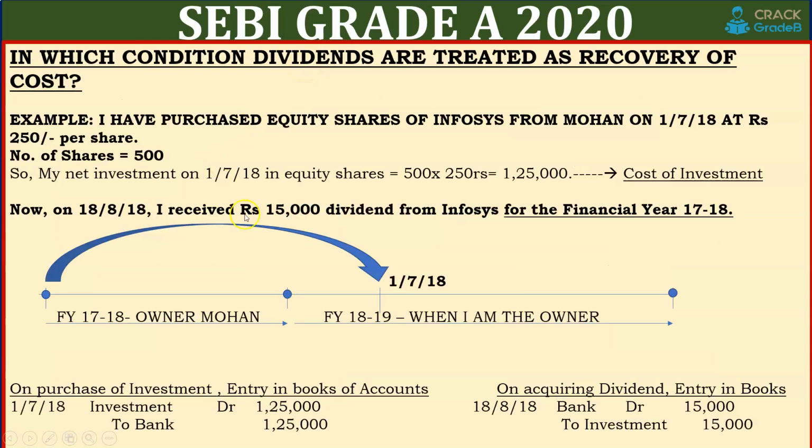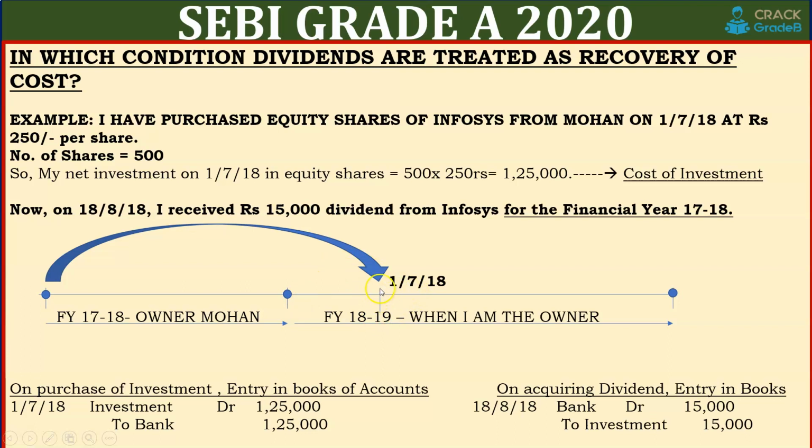That is important. See, in financial year 18-19 also, on 1st July 2018 we made the investment. The financial year starts from 1st April 2018, and we acquired this investment on 1st July. So for 3 months in this financial year 18-19, we were not holding this investment.